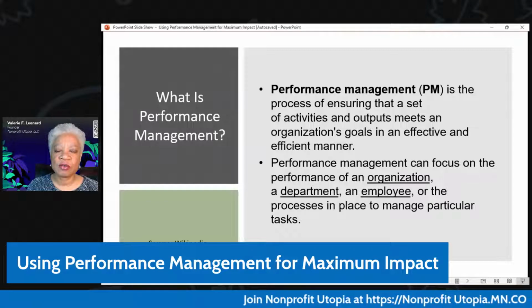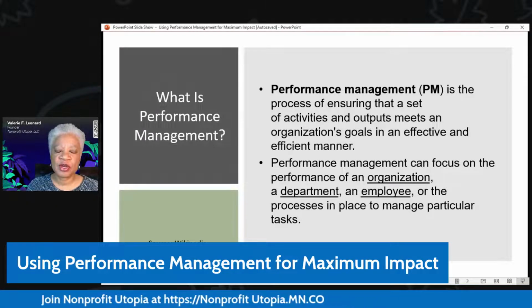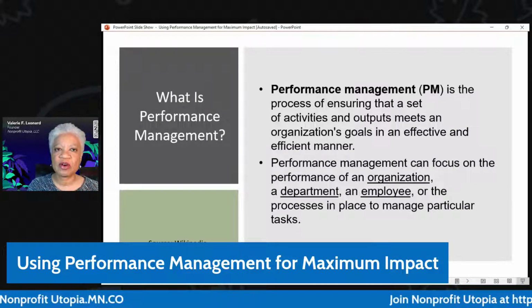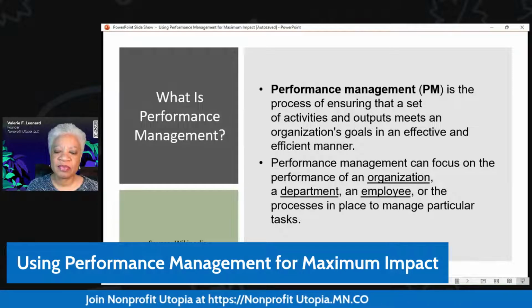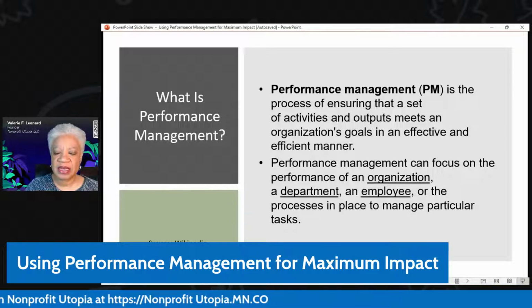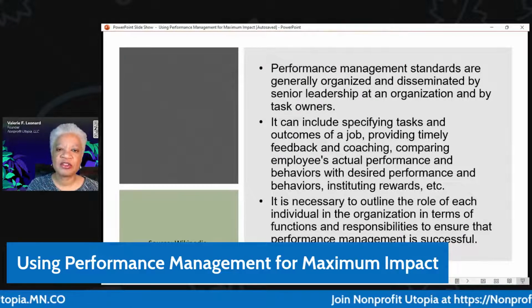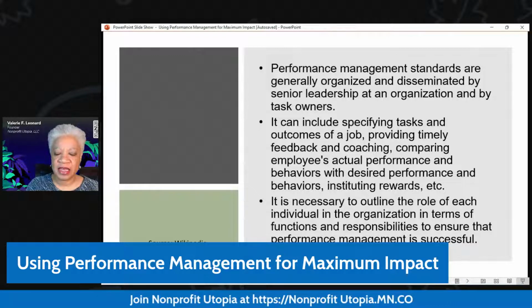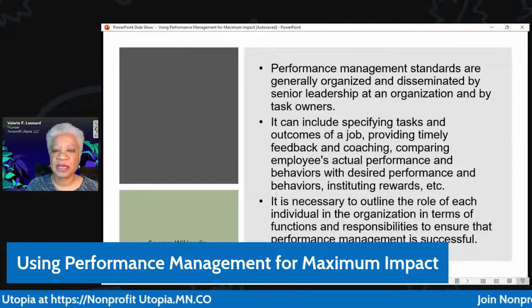Usually, you start working on these performance management measures when you're doing your strategic planning process. So performance management can focus on performance of the organization itself, a department, a program, or an employee. And again, these need to be in alignment with your organization's mission and strategic plan. We're going to be focusing today on the actual organization and not so much performance reviews of people.